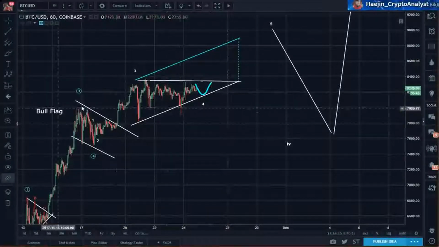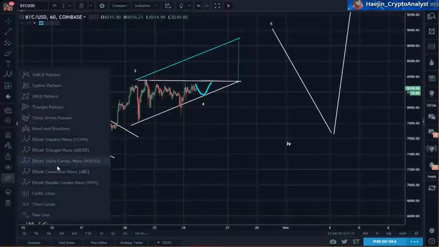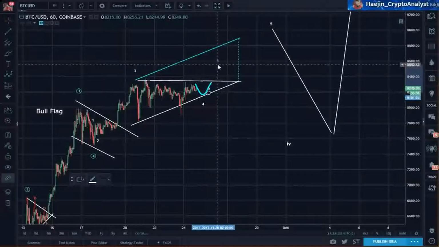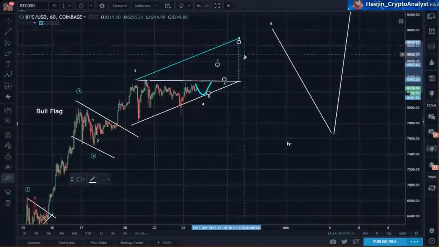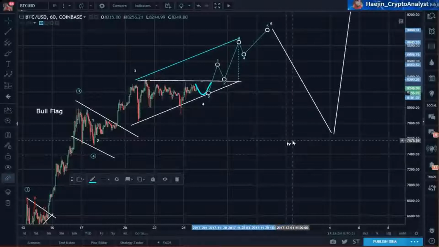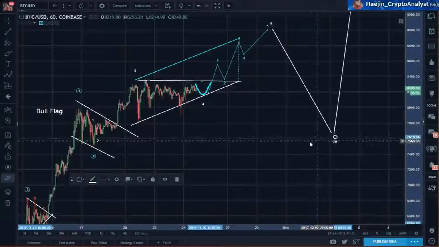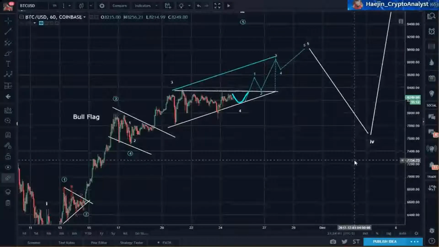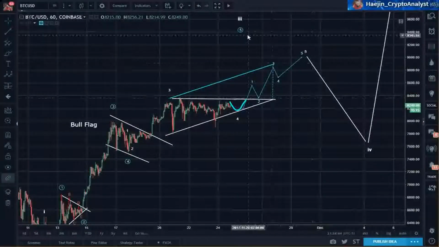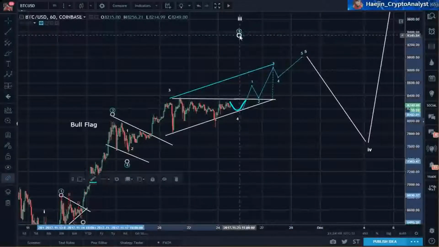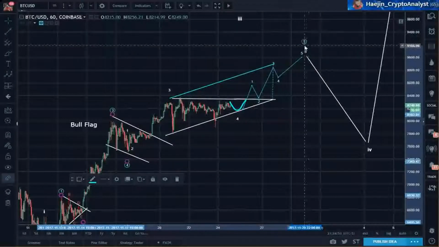Now I'm going to add the Elliott waves. I could take the shape of that now. Jeez, no. I keep forgetting to click it first.